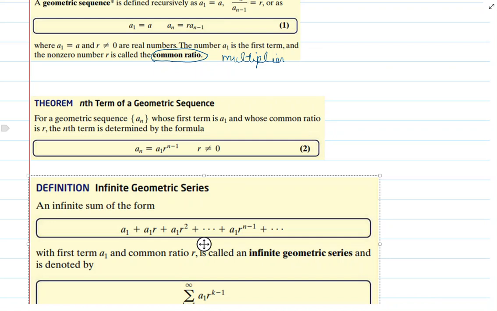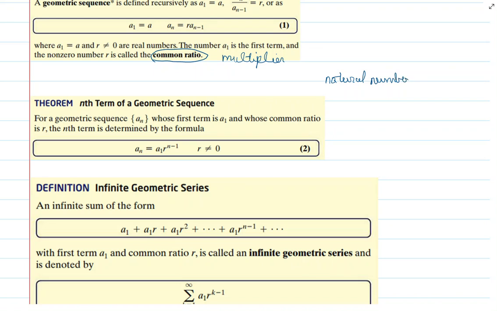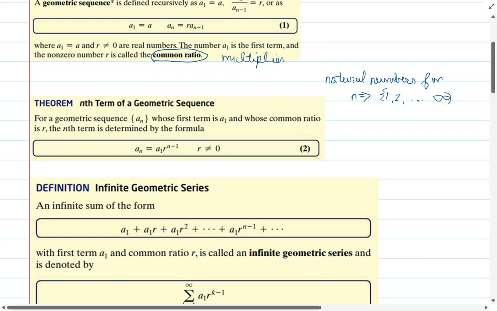Again, we're talking about natural numbers for n. N meaning what we start with. That means we start with the set of 1, 2, to infinity. All of these natural numbers are the only ones we play with as an exponential.